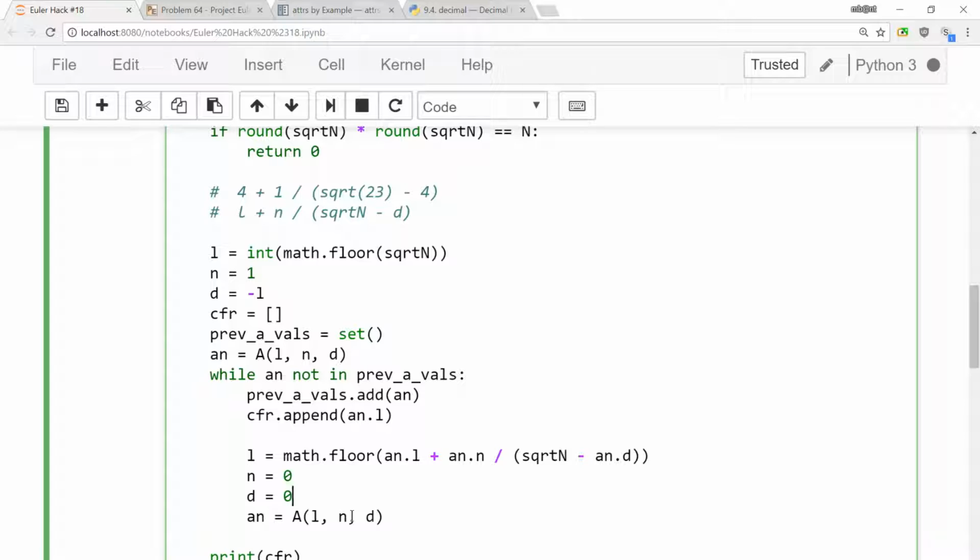So you do n minus the square of d. So for you the 4 is d.